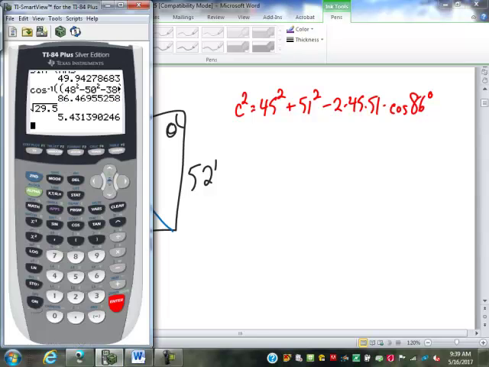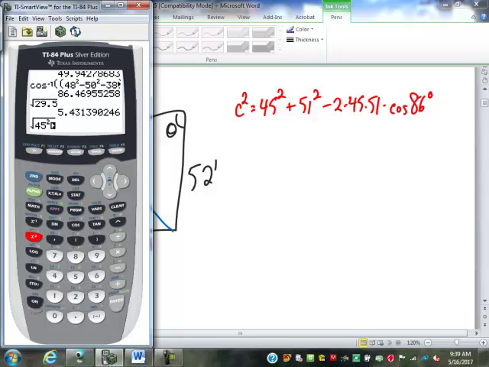Okay, so I'm going to punch this in my calculator all at once. I'm going to actually do square root so I can undo the C squared, right? 45 squared plus 51 squared minus 2 times 45 times. Now I'm going to pause there for a second because I'm going to scroll off the screen in just the next couple of keystrokes. Make sure you guys have that all down.